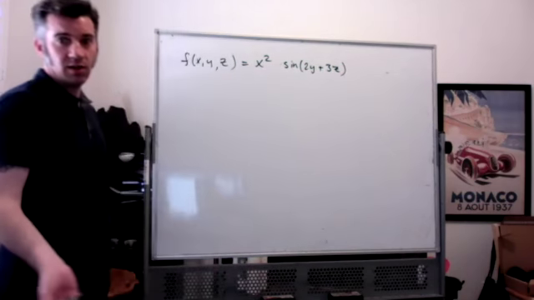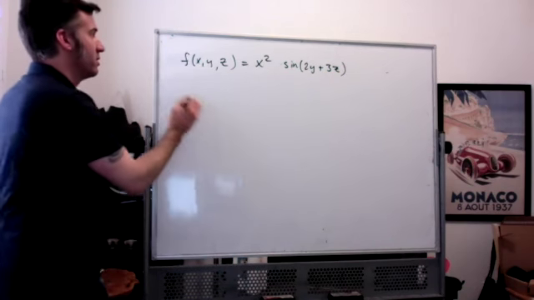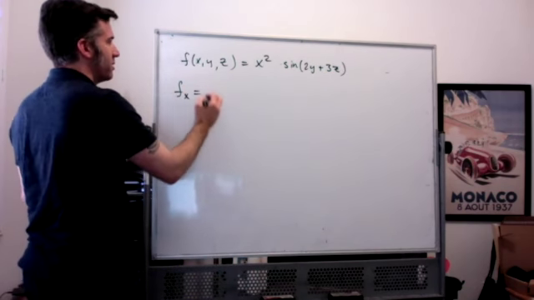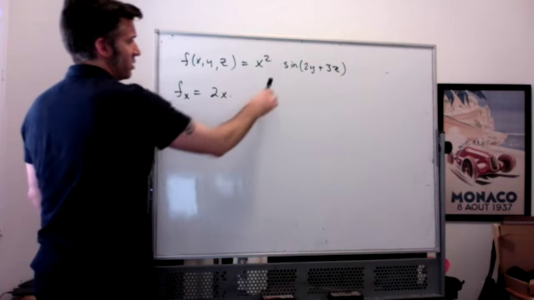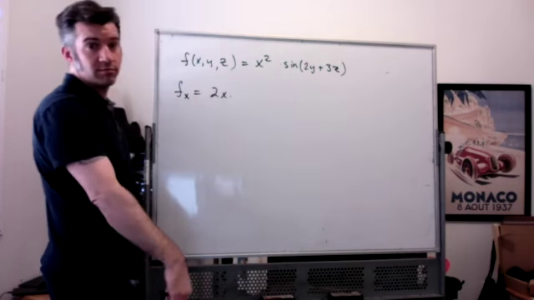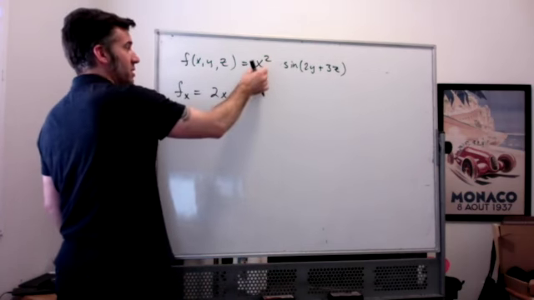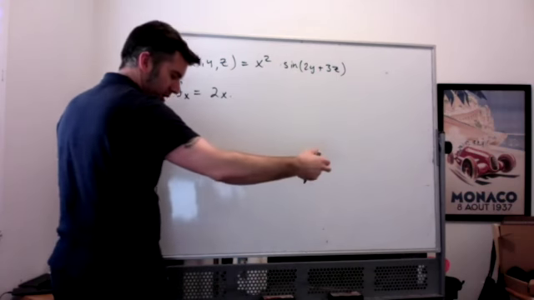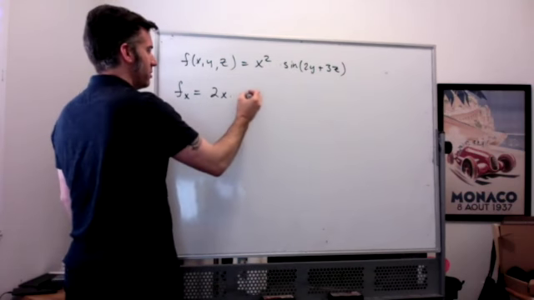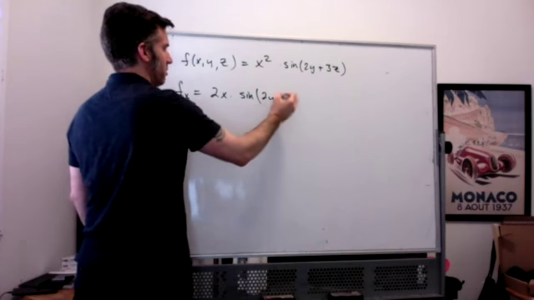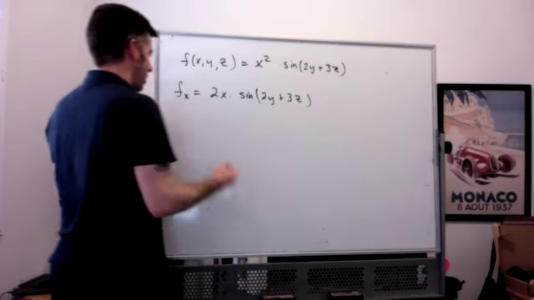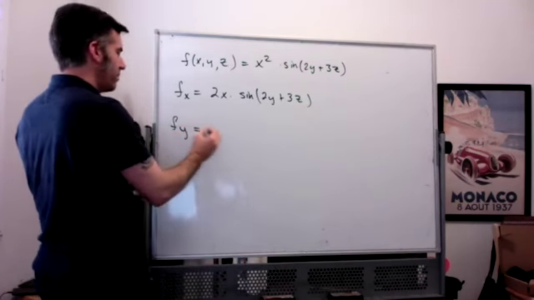And then you can find all sorts of partial derivatives. So fx is just 2x times your constant. The derivative of a function times a constant is the derivative of that function times the constant. Okay, fy.